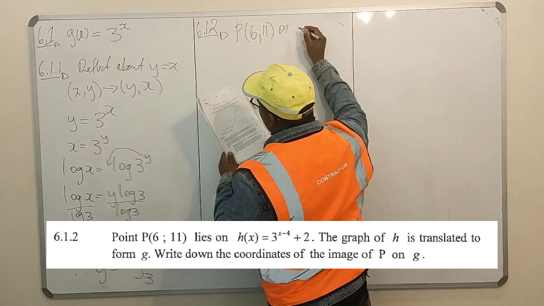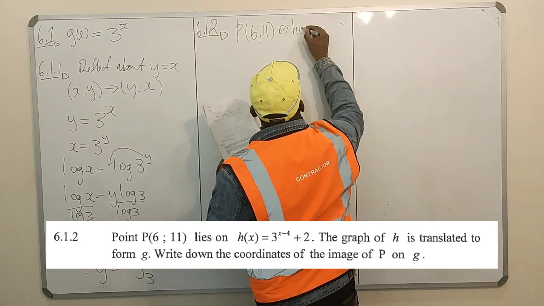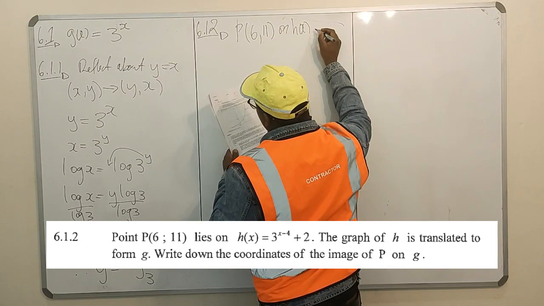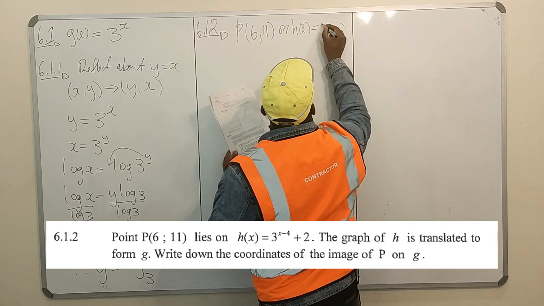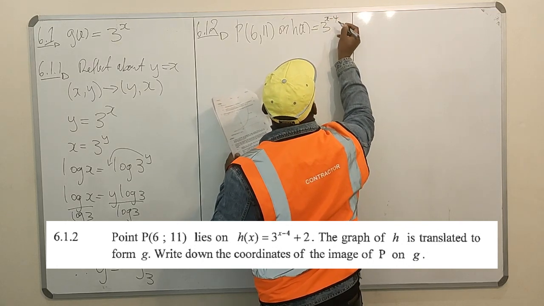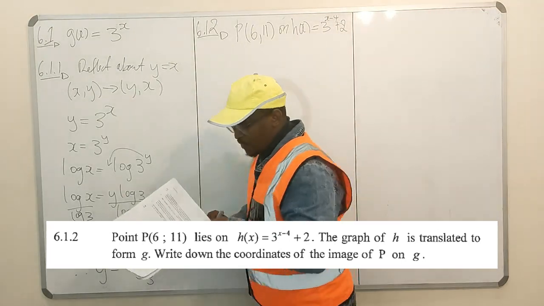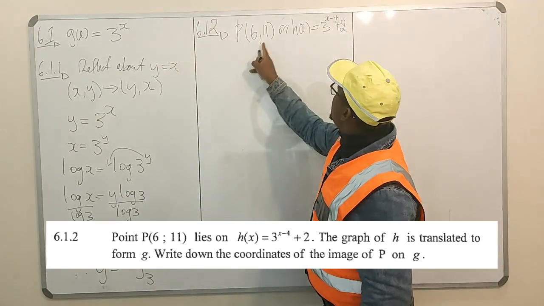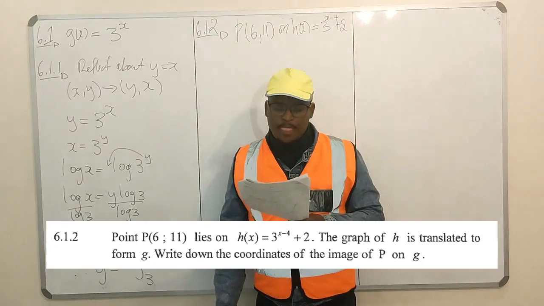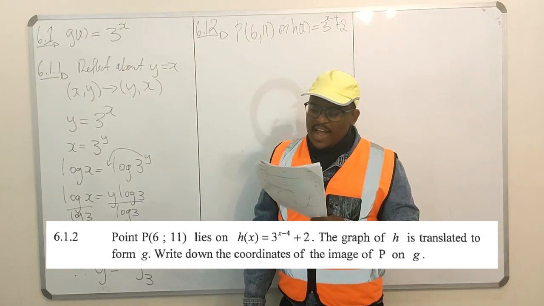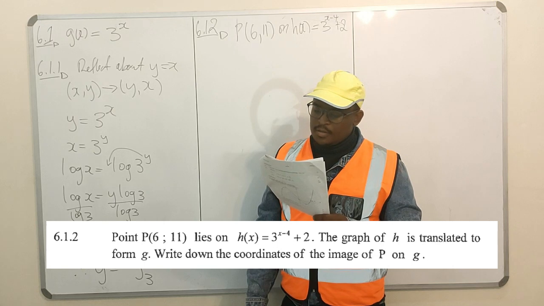It is on h of x, which is equal to 3 raised to x minus 4, plus 2. So point P lies on h of x.